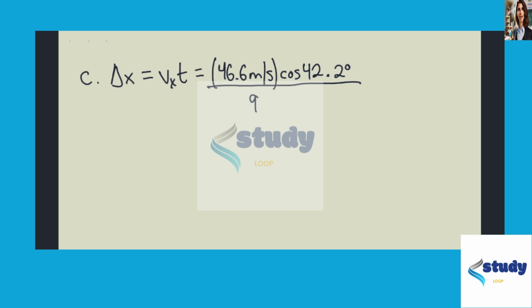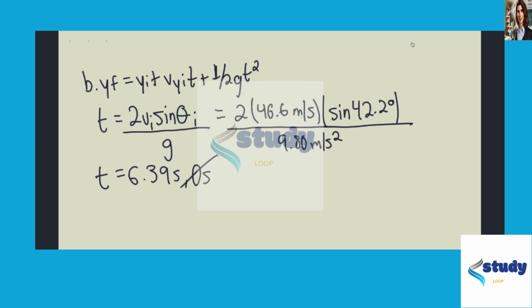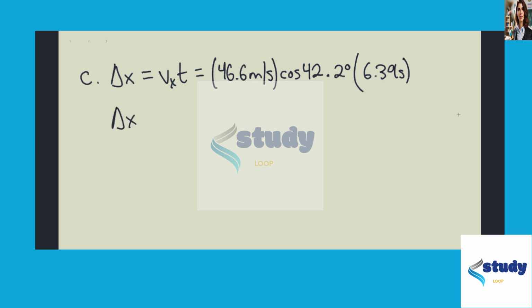Oh, my apologies. This would be 46.6 cosine of 42, and not divided by G, but rather times 6.39 seconds, the time that we just found here. Delta x would then equal, of course, 221 meters.